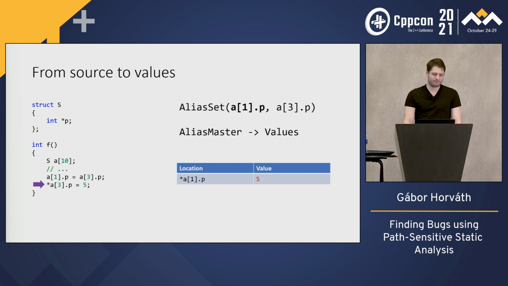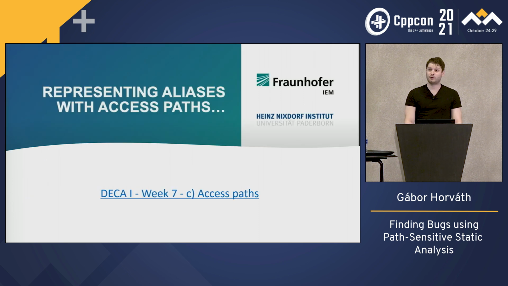So when we have the a sub 1.p without the reference, we know that that's already a memory location, and we don't need to represent that in any sort of graph representation. So this is just a lightning whirlwind introduction to access paths, because this approach is called access paths, and this is what we use in MSVC. If you want to learn more about that, I would recommend you to look at this lecture.